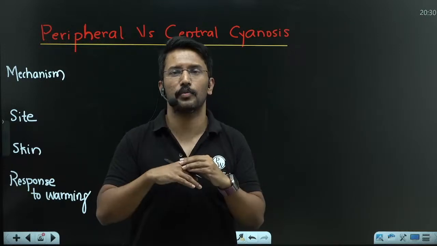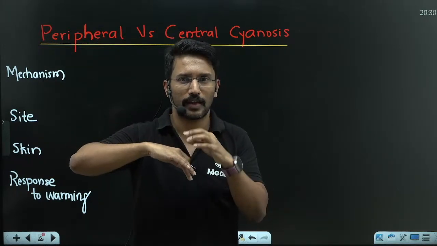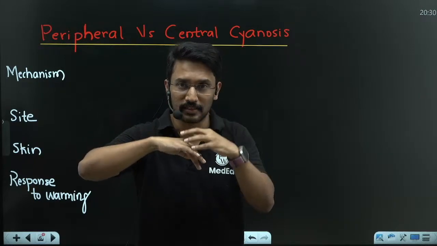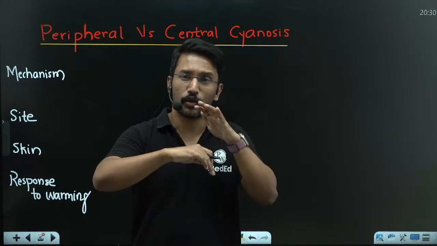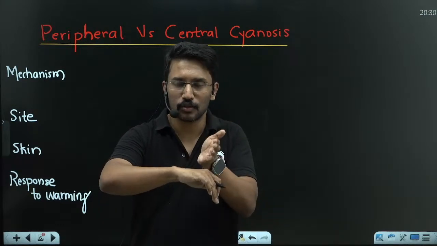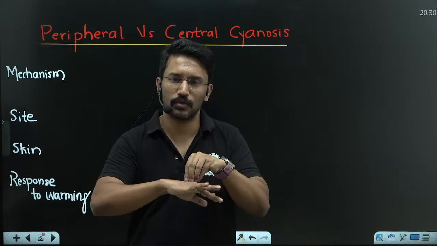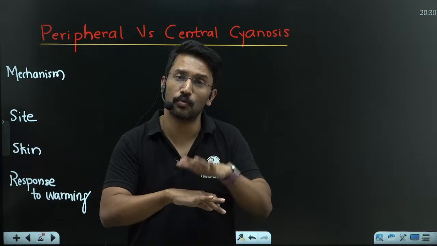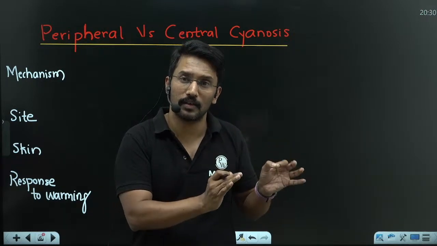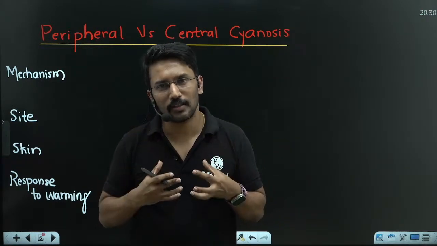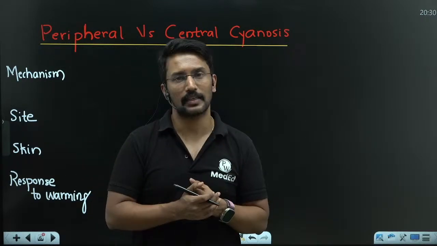If the tissues are underperfused, less oxygenated hemoglobin is coming to the tissues, and whatever oxygenated hemoglobin is coming to the tissues is losing its oxygen because tissues are extracting it, and because tissues are underperfused, it is not quickly returning to the circulation. It is spending time in the tissues itself. So then what will happen? The tissue levels of reduced hemoglobin will increase. So if it is happening at the tissue level, we call it peripheral cyanosis. And if the oxygen in the blood itself is low, and because of that we are seeing cyanosis, we will call it central cyanosis, right?